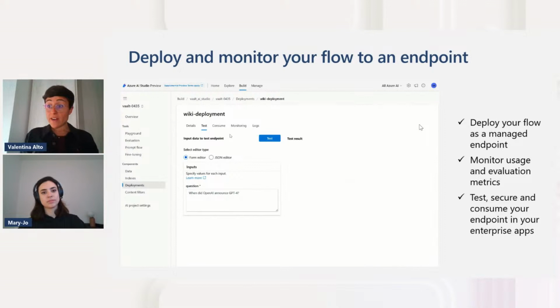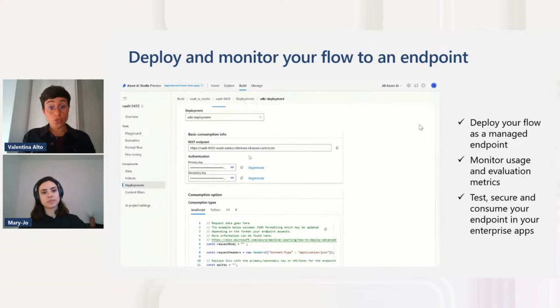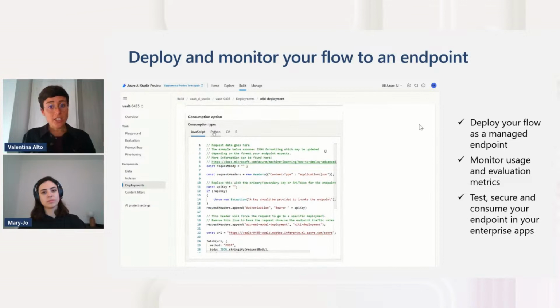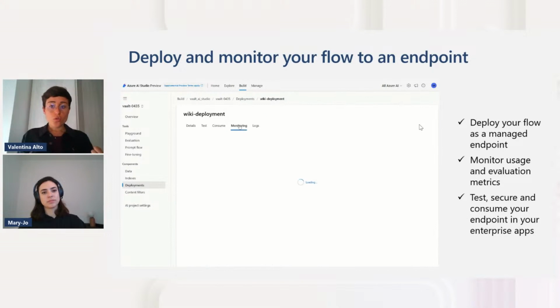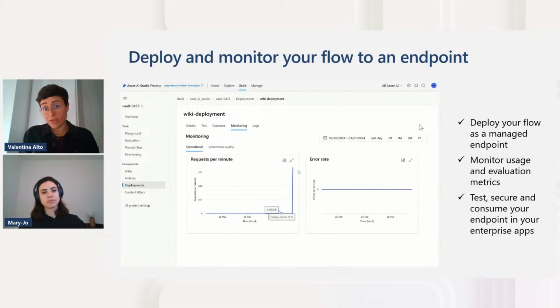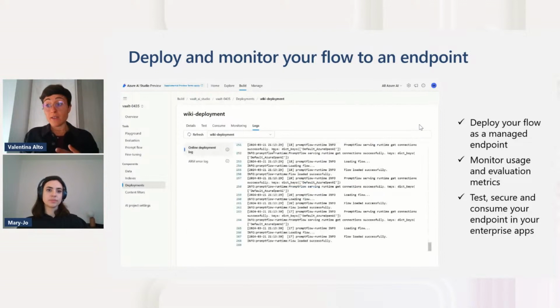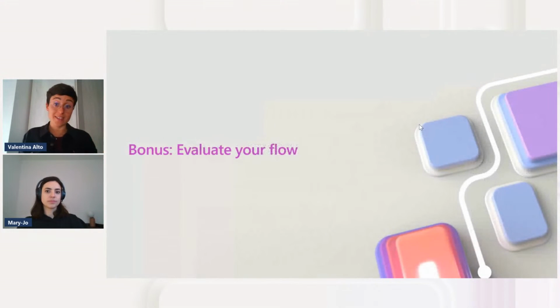Once we are happy with the variants, we can actually consume our flow as a managed endpoint. And the nice thing is that we can also consume this flow via Python script, for example, but we can also monitor it, seeing all the logs and also the amount of requests that it is having during time. Now, this is for the monitoring, but what about the evaluation of the performance of your flow?